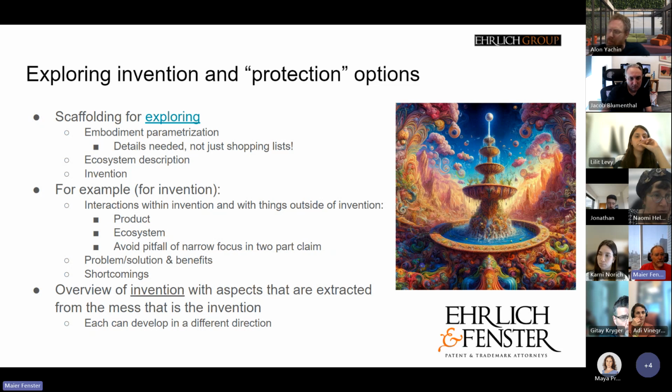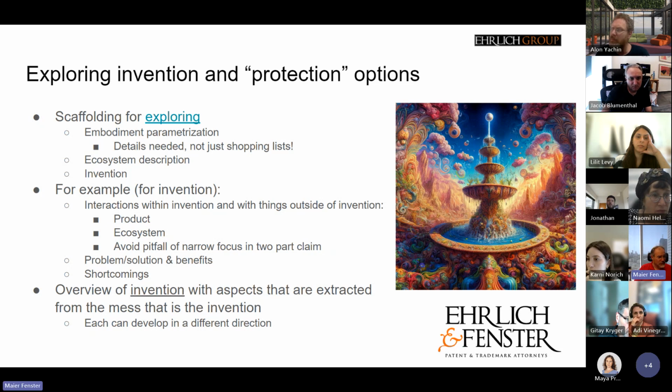One, I'm calling it embodiment parameterization, where you say, well, this feature can be A, B, or C, and that feature can be D, E, or F, and that feature can be X, Y, and Z, and we can do all the combinations. Or, very common in pharmaceutical patents, you have a whole list of diseases that you might be treating, a whole list of modes that might be used.